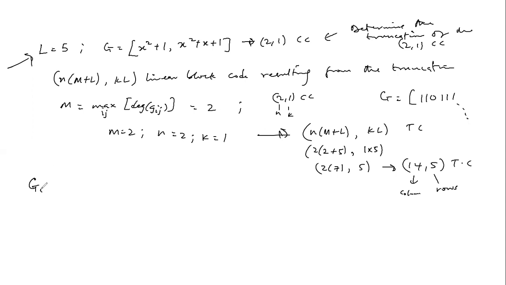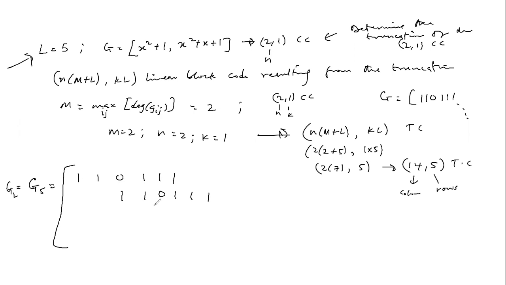So G5 here, which is the same as the G_L, which is a truncation of this code. We have 1, 1, 0, 1, 1, 1. And recall the block length is n, so the sequence is going to be shifted by the block length. So we're going to shift by 2.